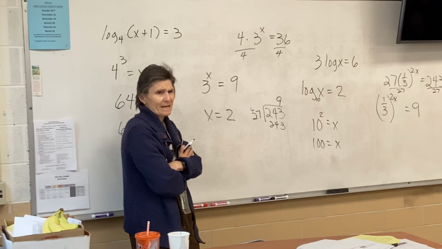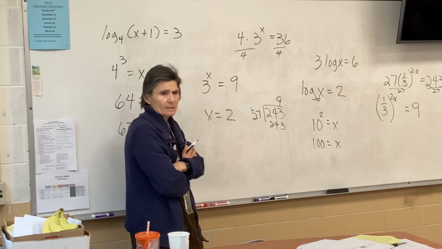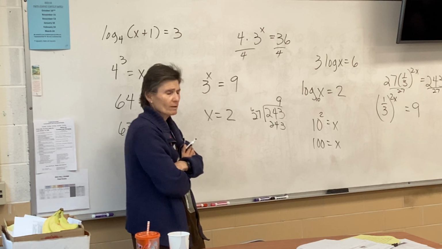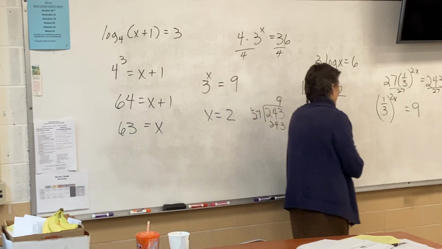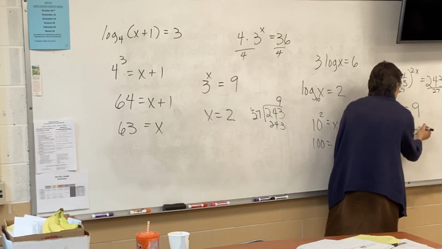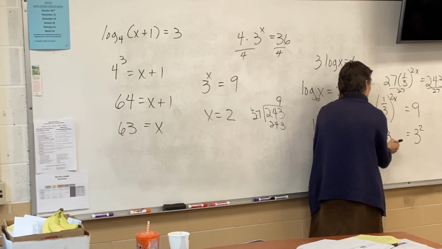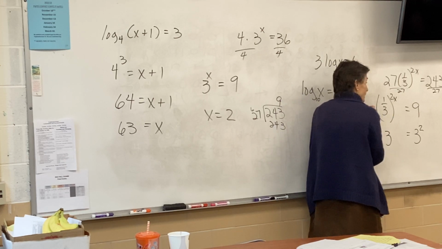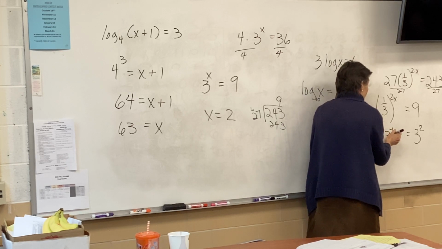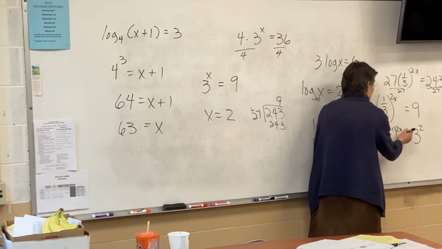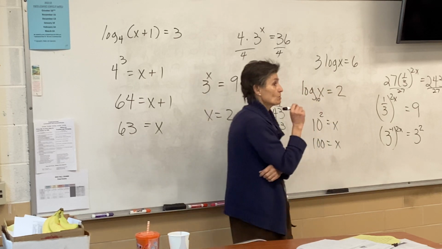What do you know about 9? It's 3 squared. So I can write 9 as 3 squared. Can I write 1/3 as 3 to a power? Negative what? Negative 1. Isn't 1/3 3 to the negative first?